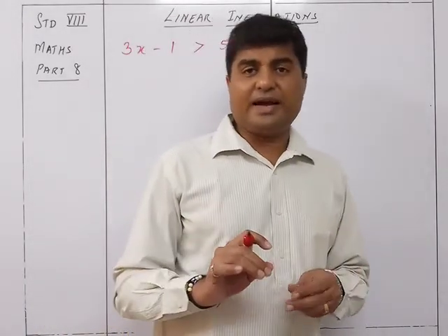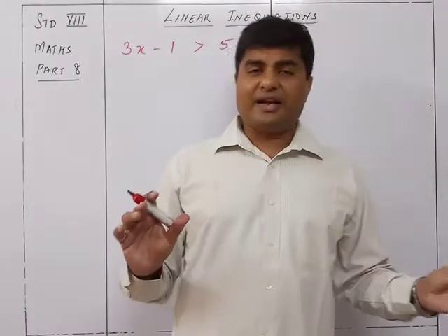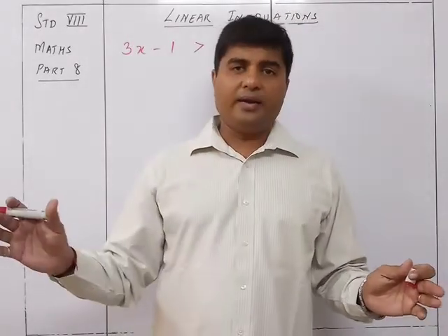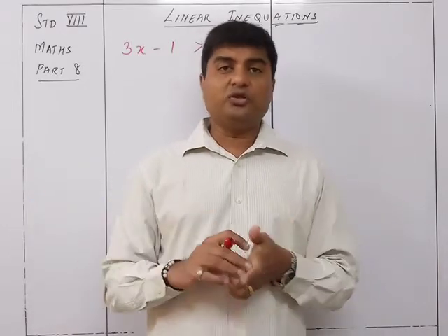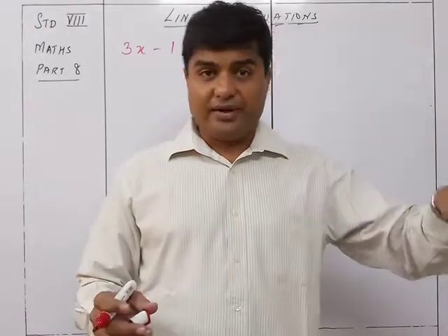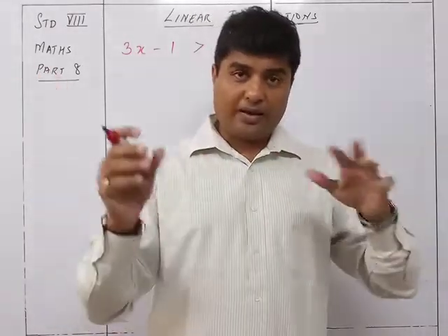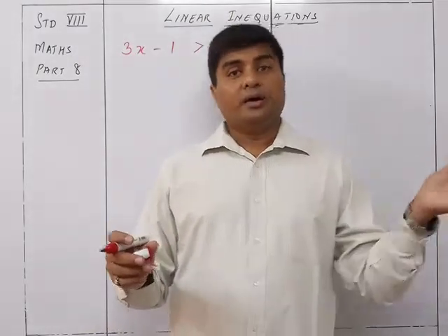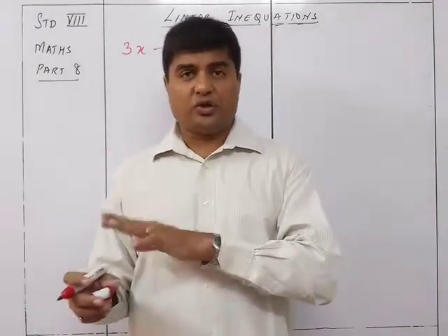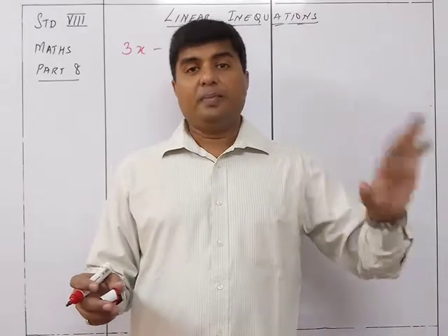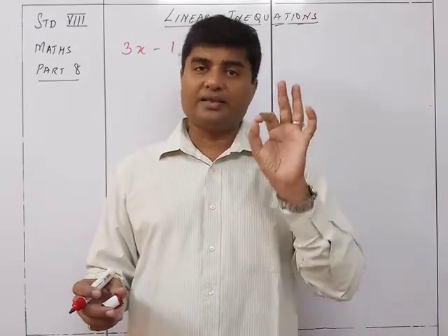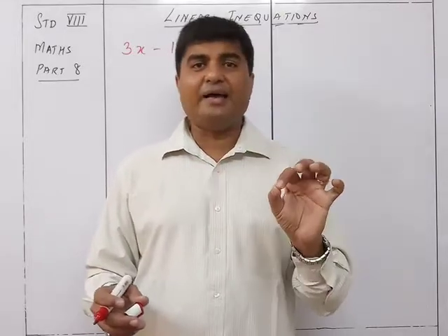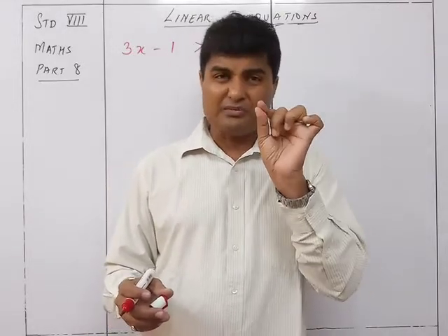The first thing is getting rid of the denominators, cross multiply kar lo. Second thing, taking all the x on one side and non-x on the other side. Thirdly, make the coefficient of x as 1. Exactly the same as the linear equations, but there are some small changes.